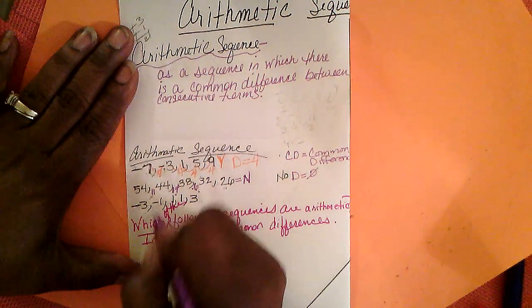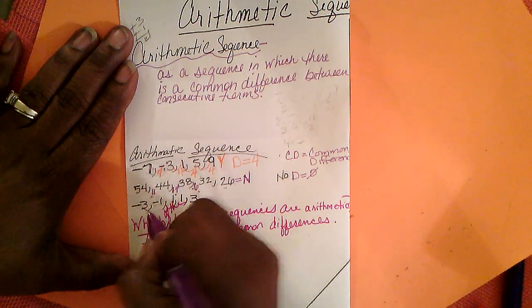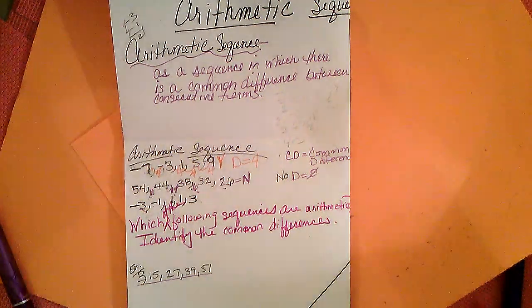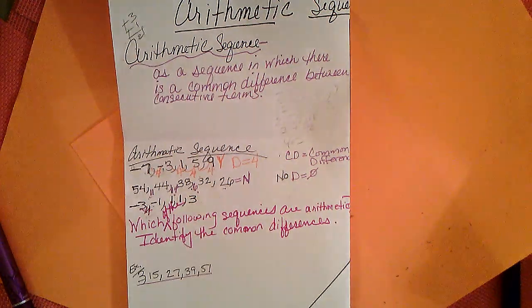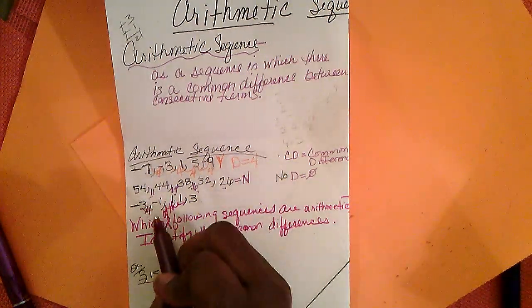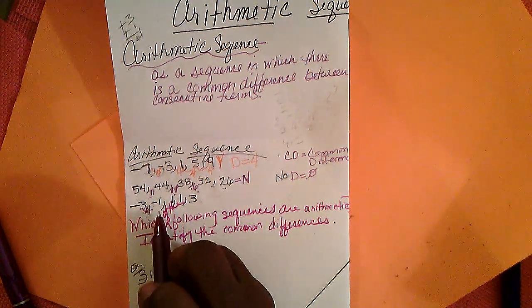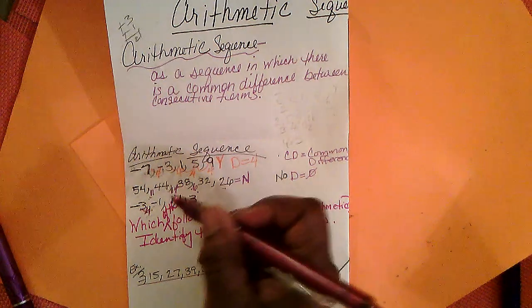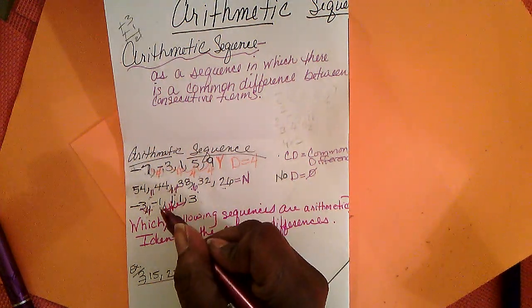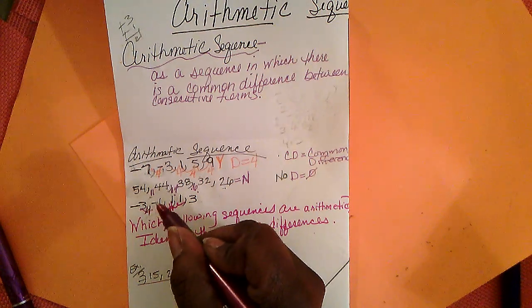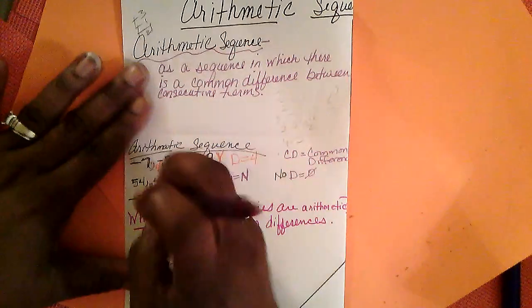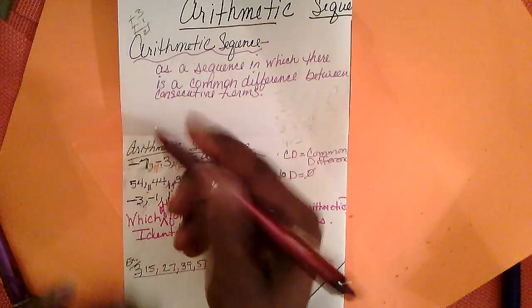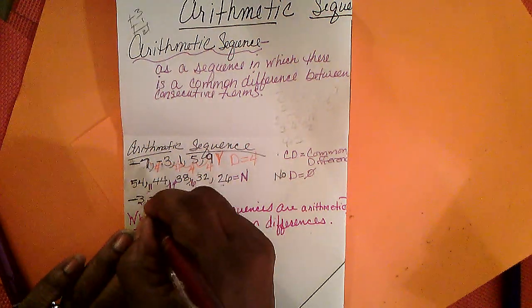On our next one here, we have -3 to -1. Wait, this is wrong. Between negative 3 and negative 1, 2 is the difference.